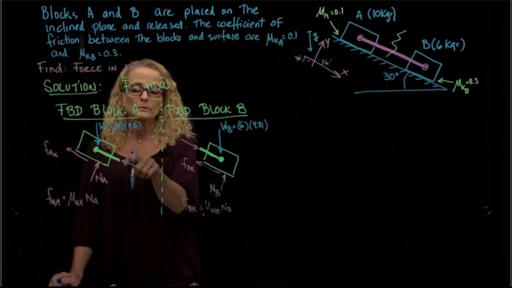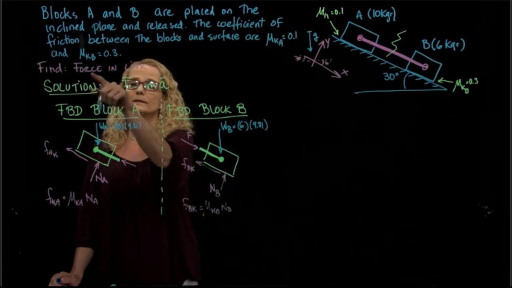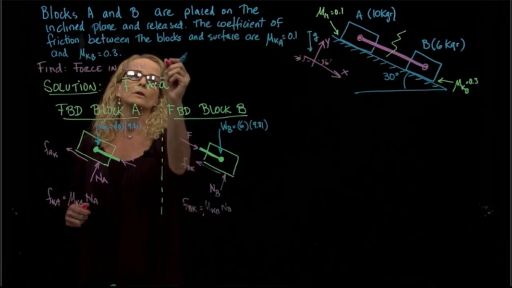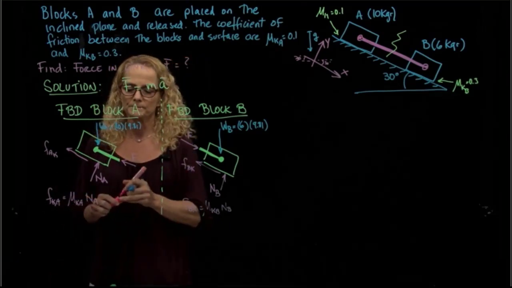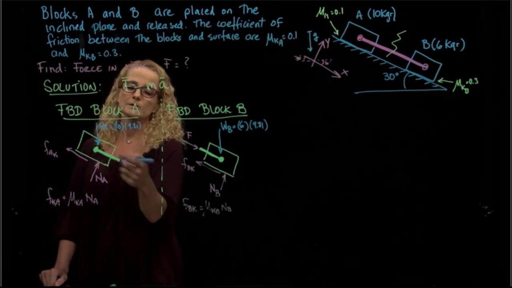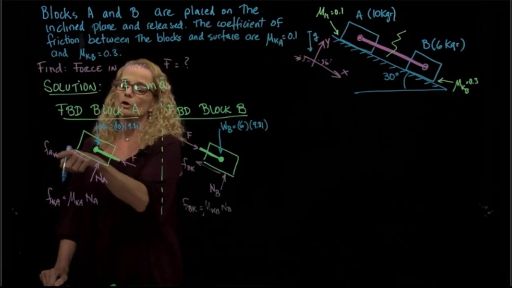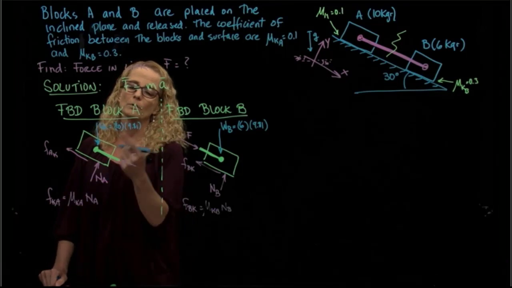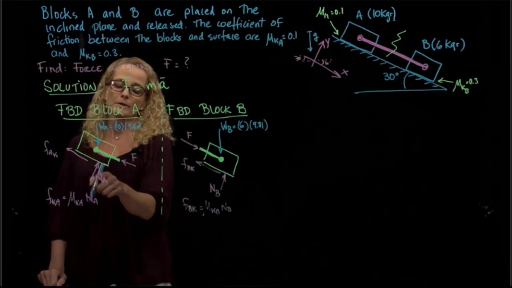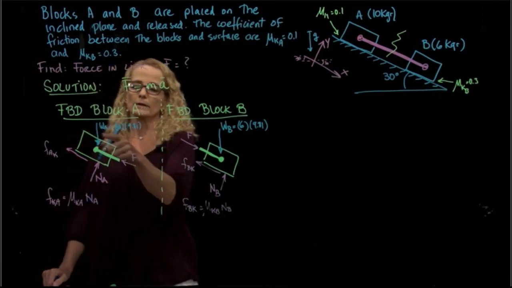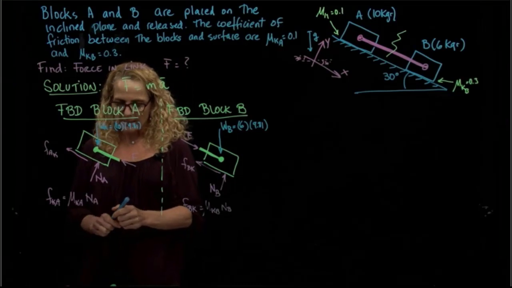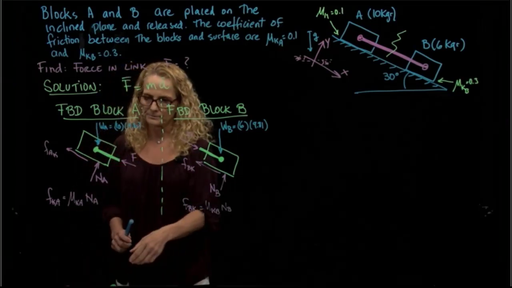What I actually want to find is the force in the link, that F. When adding forces in the x direction, F will be related to my friction force. So I'm going to add forces in the y direction first to find my normal force, which will be a function of the weight, and then I will add forces in my x direction.